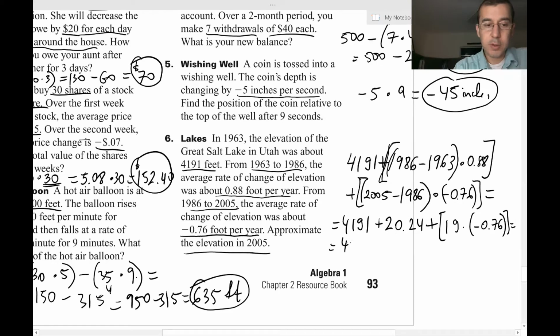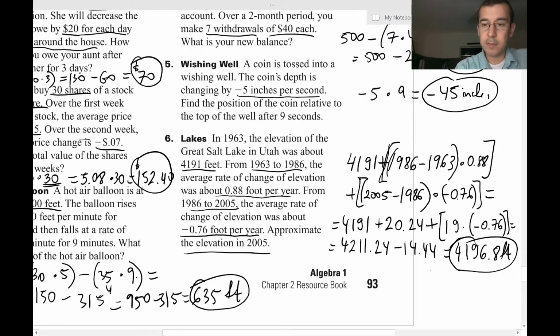We have 4211.24, and then 19 times 0.76 is 14.44, and it's a negative sign, so negative 14.44. That's going to be 4196.8 feet, the elevation in 2005. Okay.